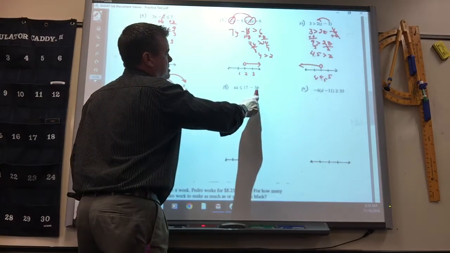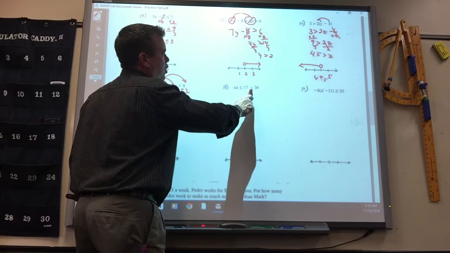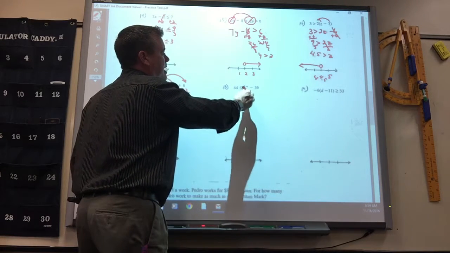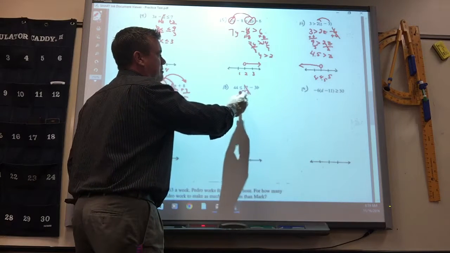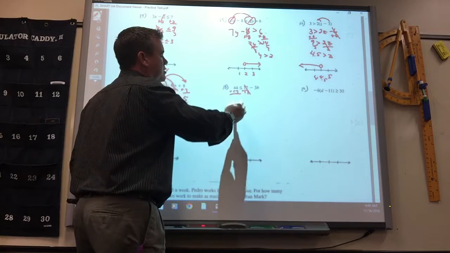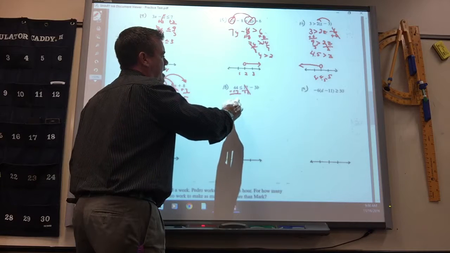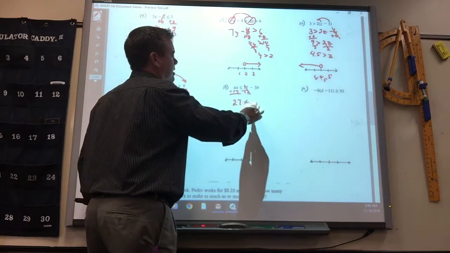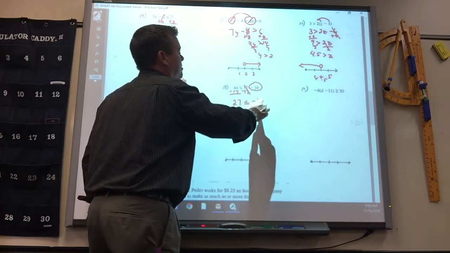18, we got to get the b by itself, so get rid of 17. Don't look at that sign, you look at in front. If I subtract 17, that makes 0. 17 minus 17. So do the same to the other side, and that is 27. And that's still a -3b.